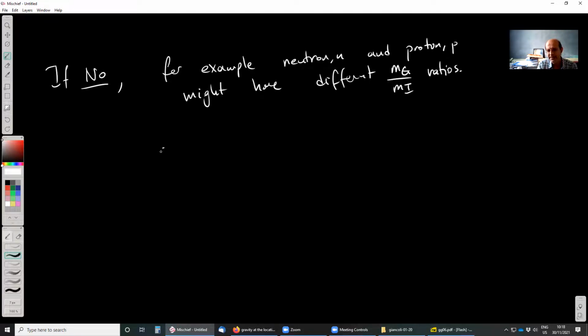So that means, let's say it like this, the free fall acceleration of these objects is equal to the ratio of these two masses times g, right?